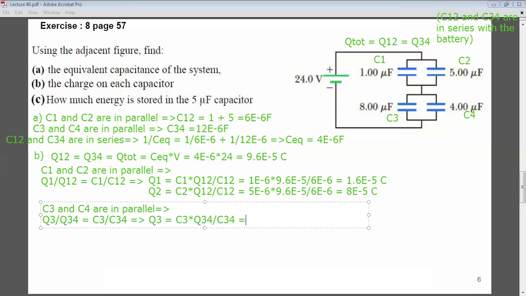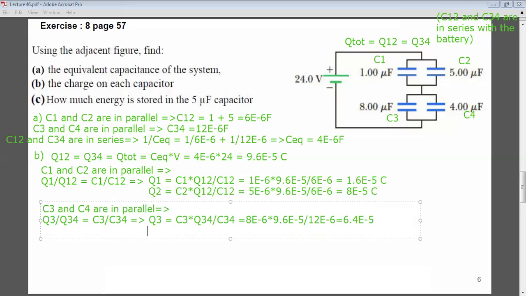If I plug the numbers, 8 e to the minus 6 times Q34, which is the same as Q12, the same as Q total, and that's 9.6 e to the minus 5, divided by C34, which is 8 plus 4, 12 e to the minus 6. This will give me 6.4 e to the minus 5.